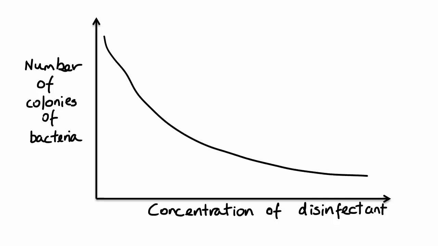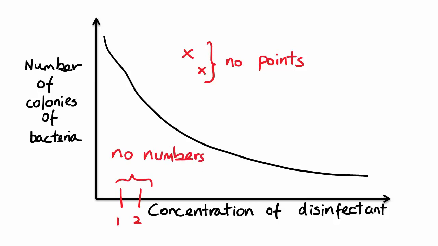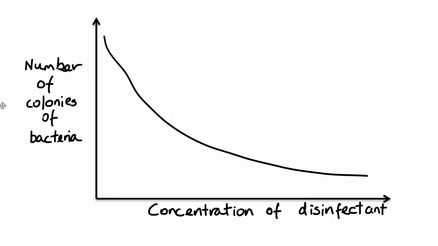You need to decide whether you use a curve or a straight line. Since it is a sketch, there should be no points and no numbers. You must make sure that the dependent variable is on the vertical axis and the independent variable is on the horizontal axis. Get these two variables right.